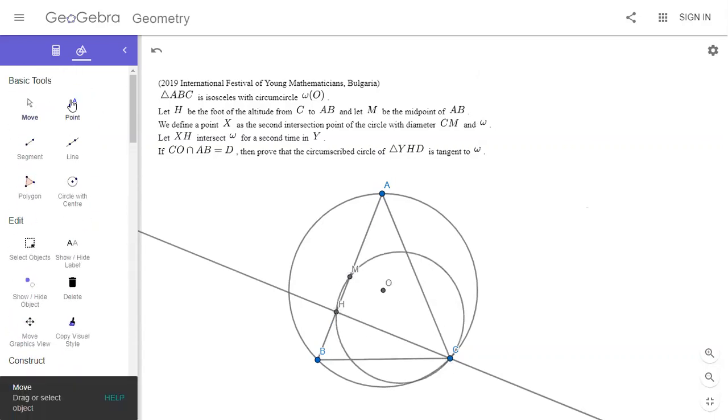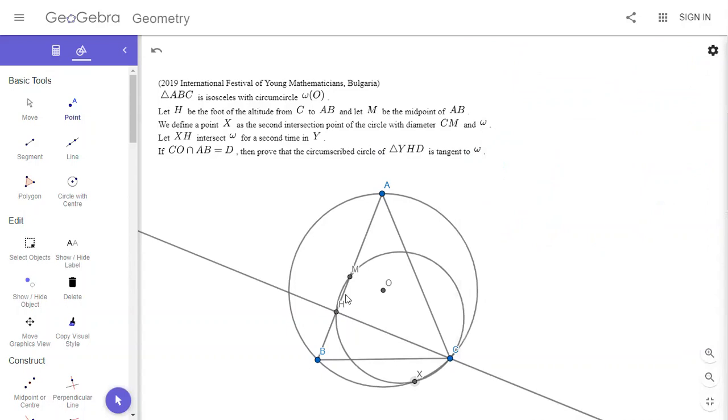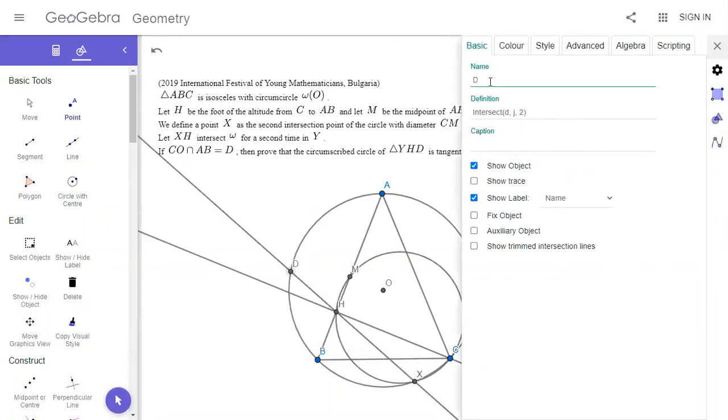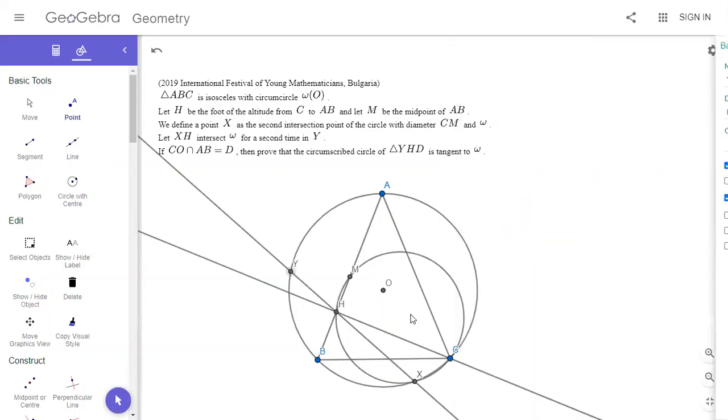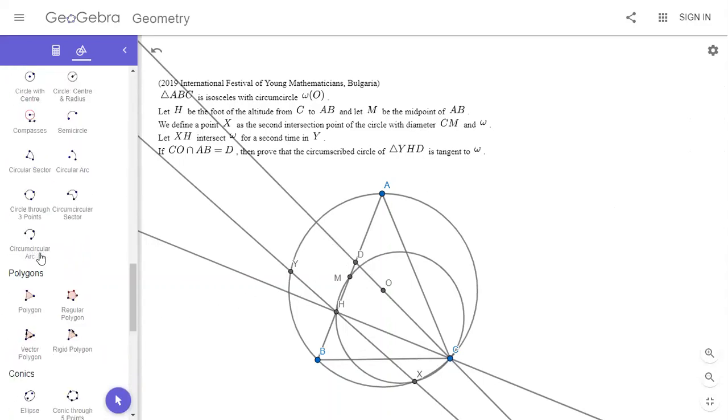So they're saying this point is X. XH intersects the circle again at Y. CO intersects AB at D. Interesting. And we want to show that the circumcircle of YHD is tangent to omega.